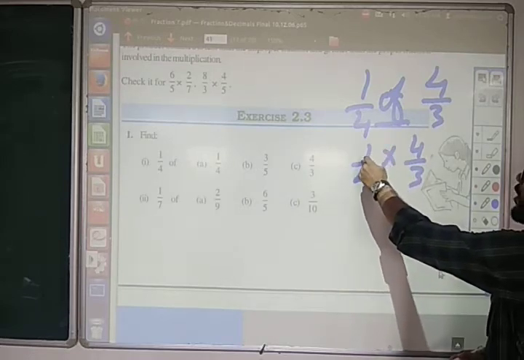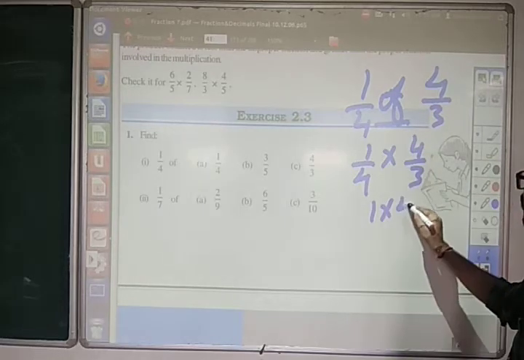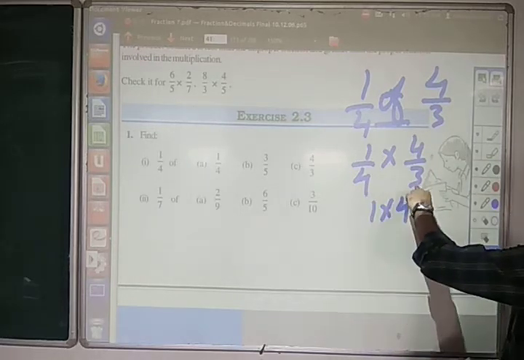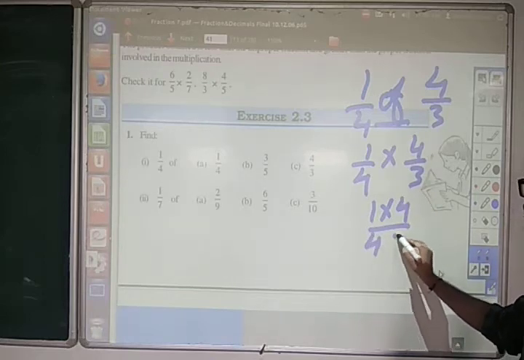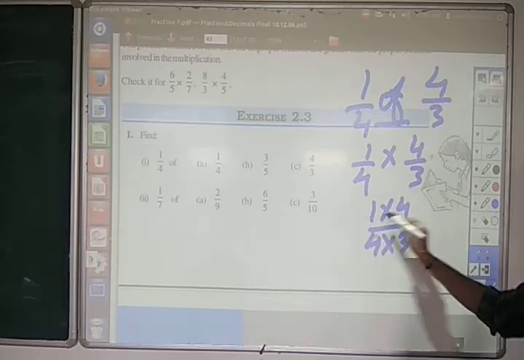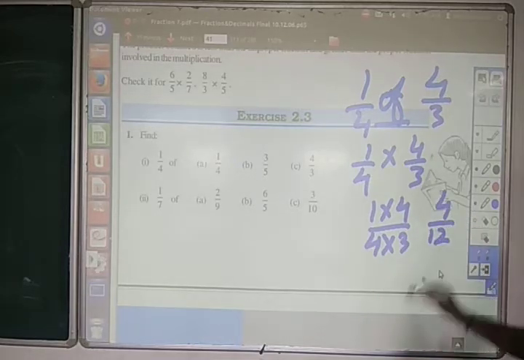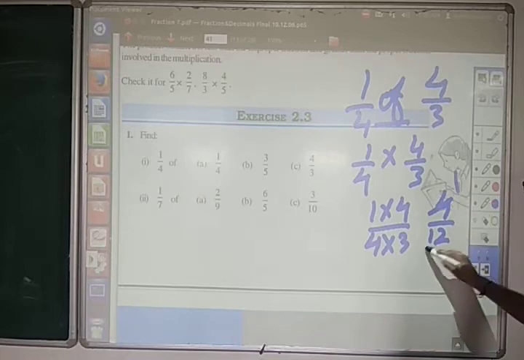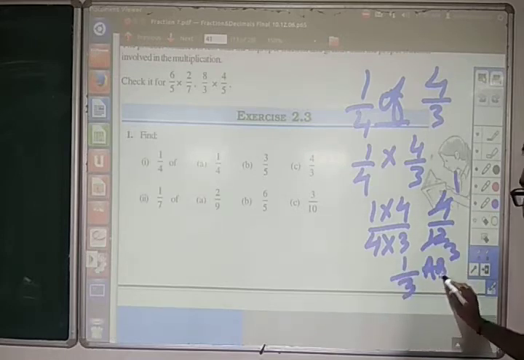You just multiply numerator with numerator, 1 into 4, and denominator with denominator, 4 into 3. So 1 into 4 is equal to 4 and 4 into 3 is equal to 12. Isn't it? 1 upon 3 will be the answer.